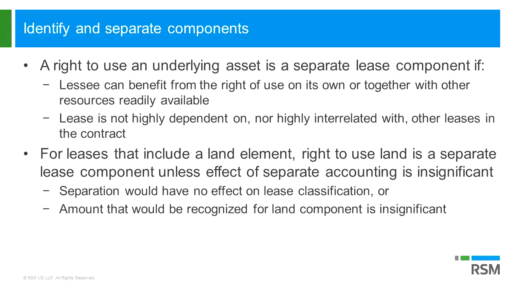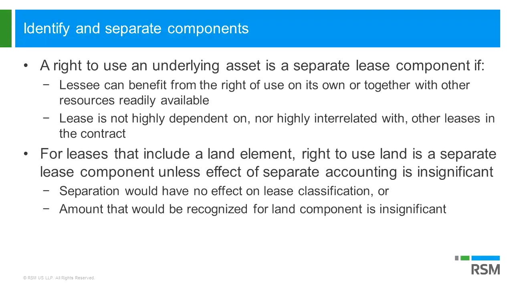And so a right to use an underlying asset is a separate lease component if, one, the lessee can benefit from the right of use on its own or together with other resources readily available, and two, the lease is not highly dependent on nor highly interrelated with other leases in the contract. So if you have an asset that's highly integrated or interrelated with other assets, you could potentially have to combine those leases instead of treating them as a single lease component.